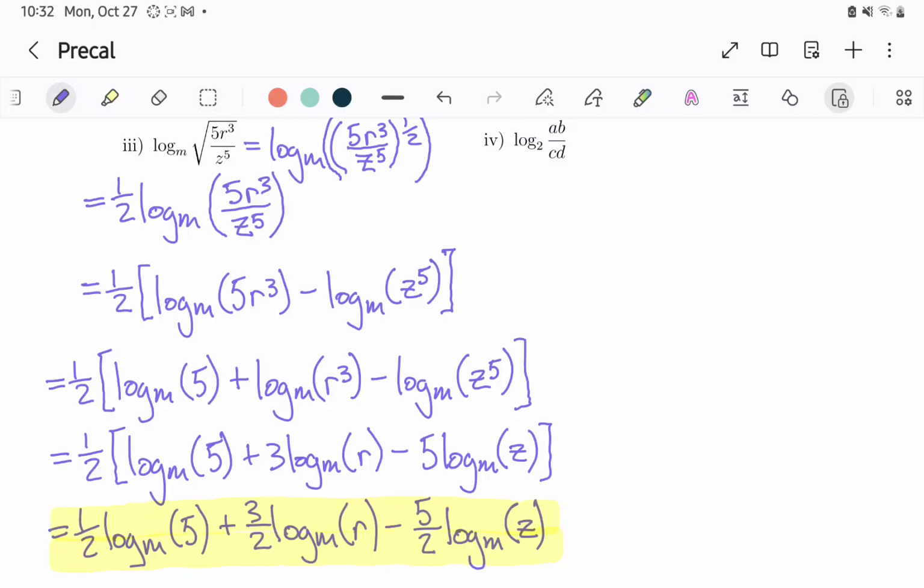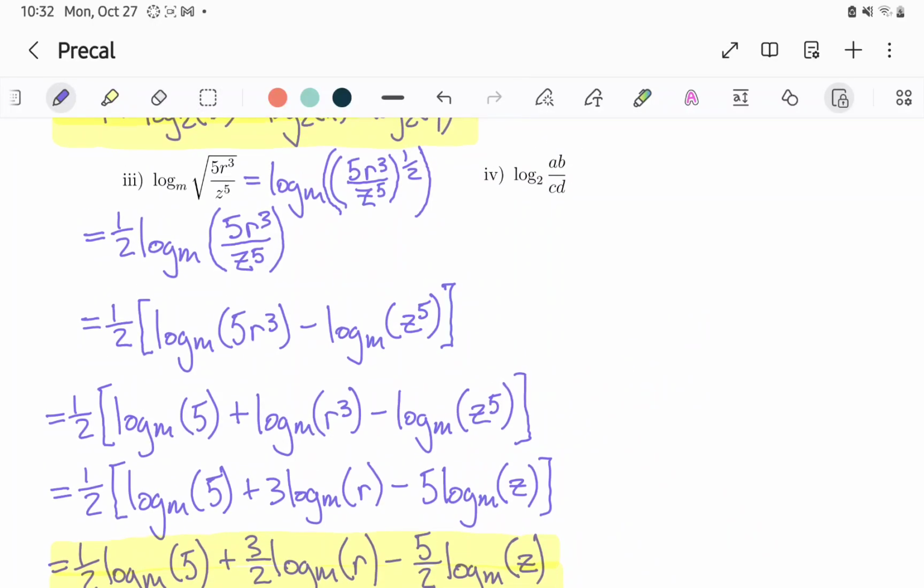All right. Now for the last of these examples, we have log base 2 of a times b over c times d. The first thing we can do here is use the quotient property to rewrite this as log base 2 of a times b minus log base 2 of c times d.